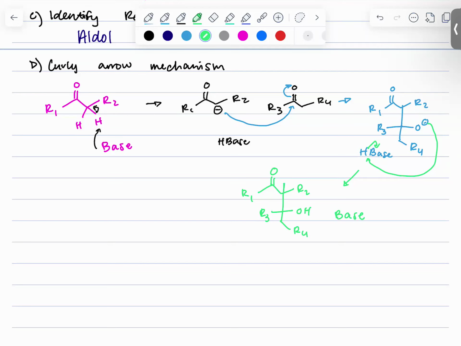We still have one proton hanging around here. It was always here, but I stopped drawing it because it wasn't participating. But it's about to participate. So the base will attack the proton and put those electrons back onto the oxygen.